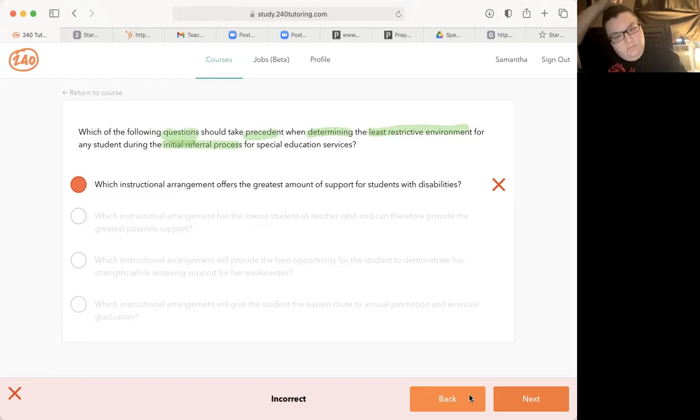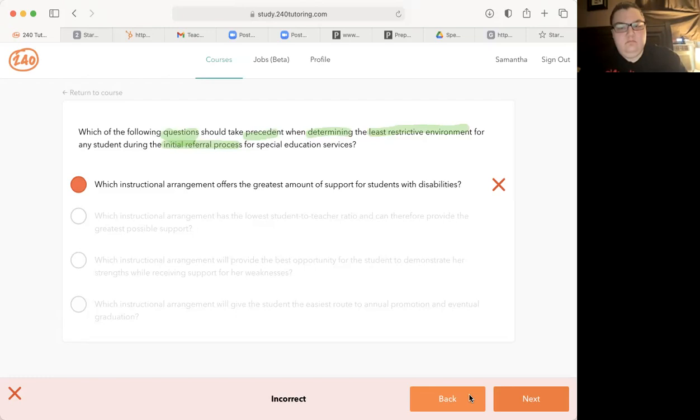For instance, I would say A is not the right answer because you can put a whole bunch of people in very restrictive environments, saying, okay, well, it's one-on-one in there, but the teacher's not even doing anything with them, and they're not doing anything with other people, and it's restrictive. They might get a great amount of support in that way, but it might not be beneficial.